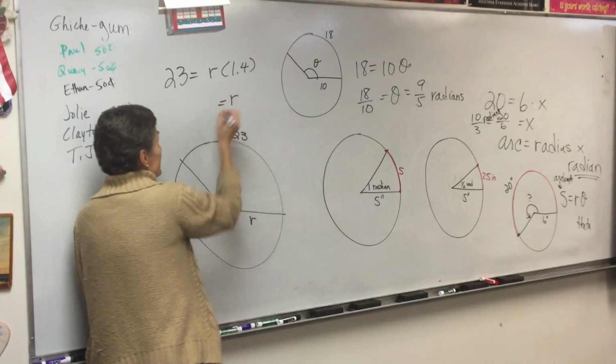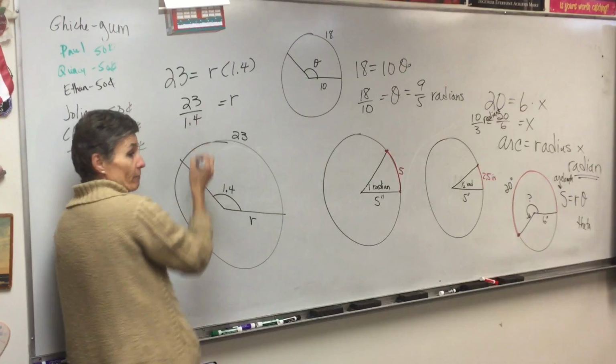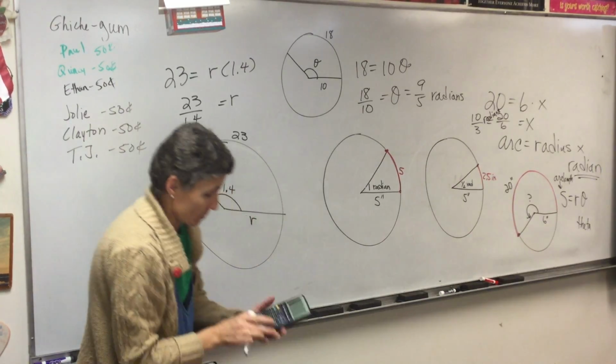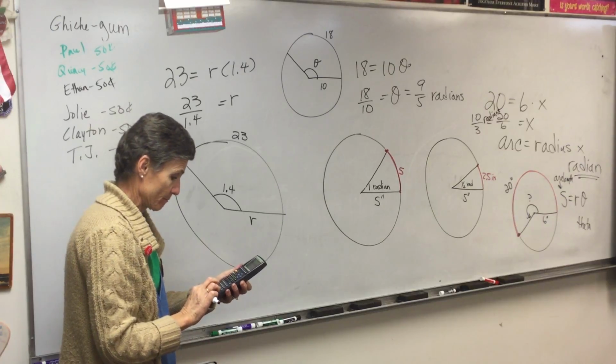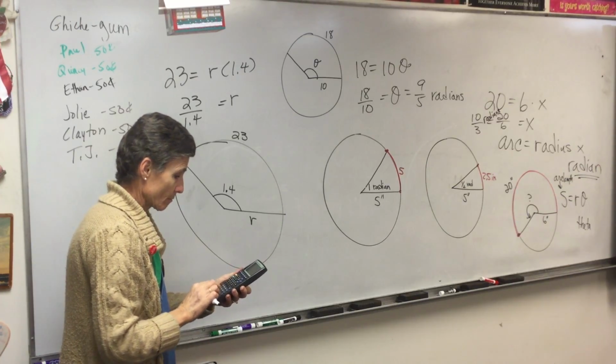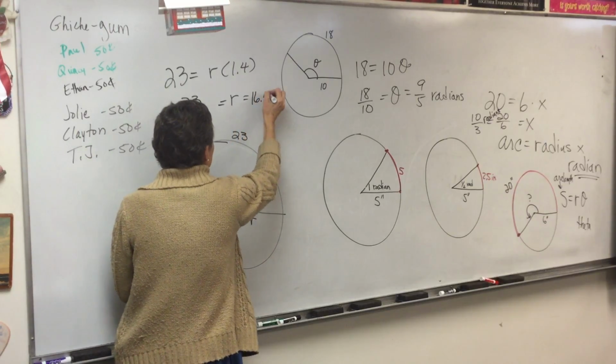So what would our radius be? 23 over 1.4? Whatever that is. 16.43, is that what you guys said?